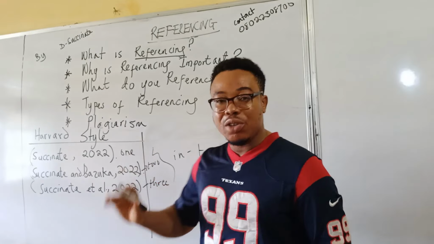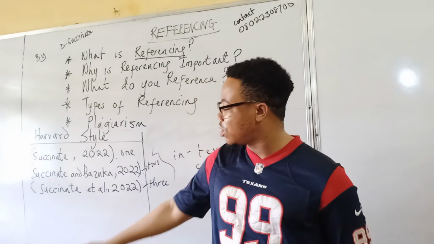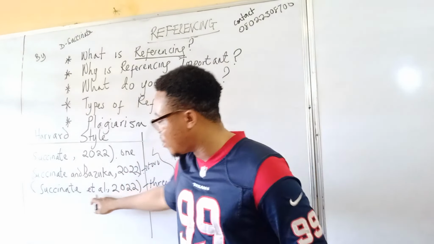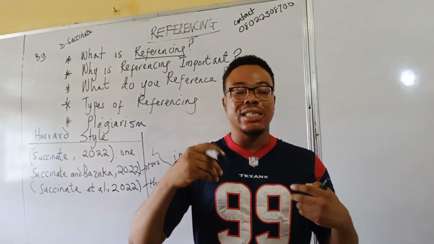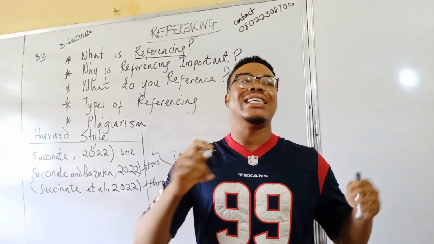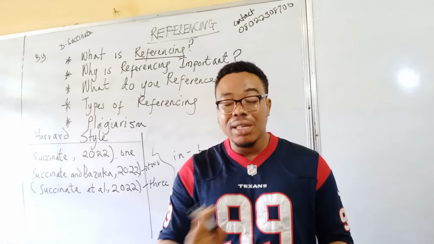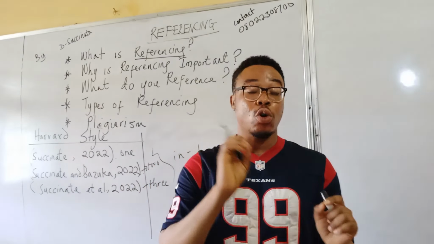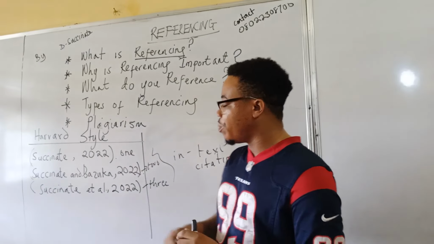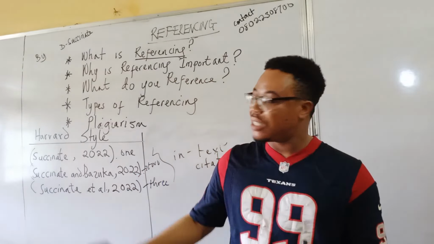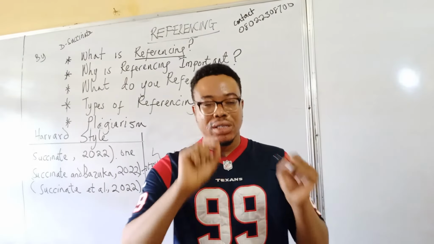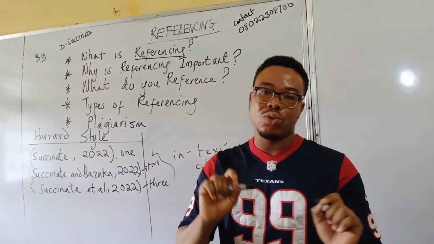So when you are writing the reference list, please try not to put et al. That reference list is there to allow you to put as many authors as required. Please take note. Put as many authors as required. So there's just a little difference between the in-text citation and references. I'll give you an insight into that now.